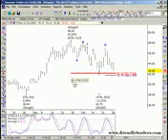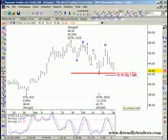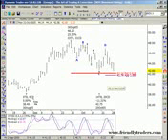Okay, I cleaned up the chart. So we have a potential wave E target right here, which includes the 61.8% retracement of this August 30th low to September 30th high. We have a 162% alternate price projection of the wave A decline and a 100% alternate price projection of the wave C decline.